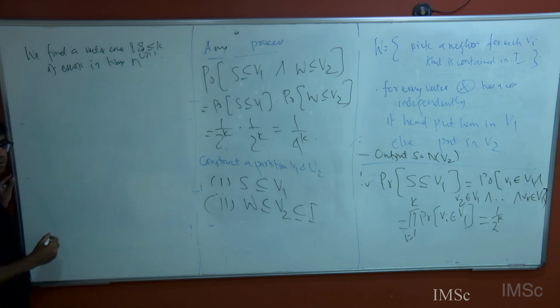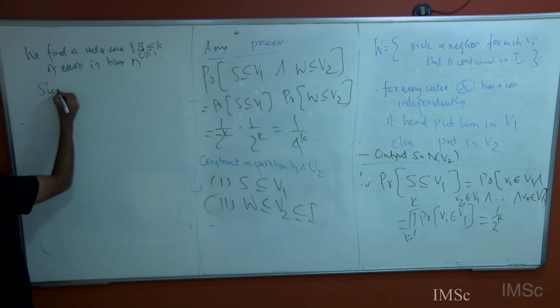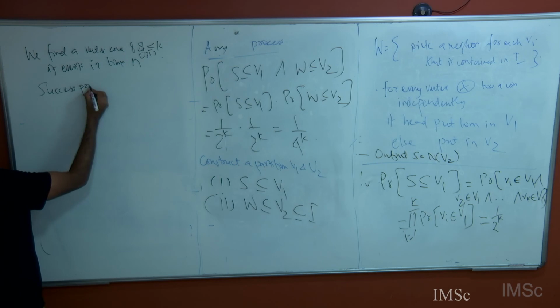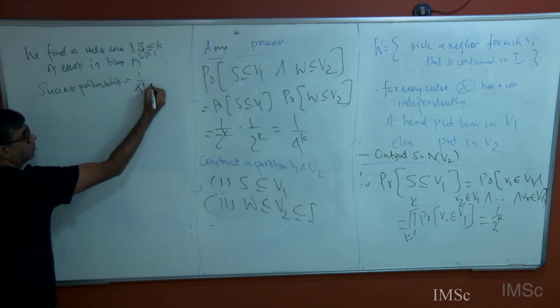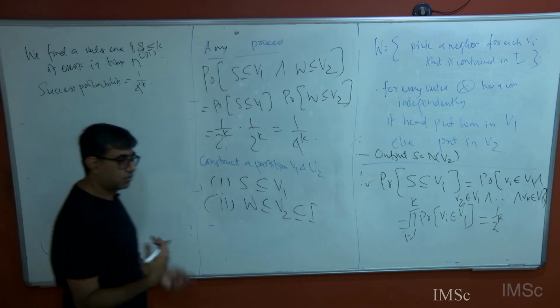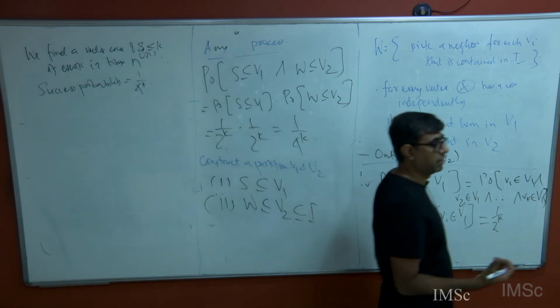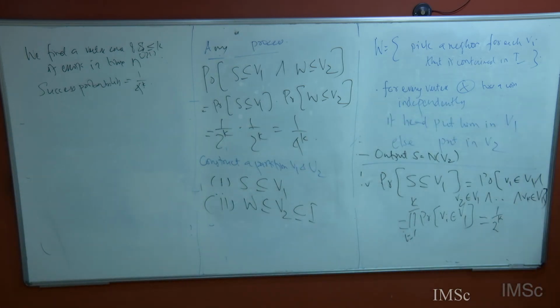And what is the success probability of this algorithm? But in a randomized algorithm, we need a success probability which is constant. But 1 over 4 to the power k is not constant. So what can I do to make it constant?